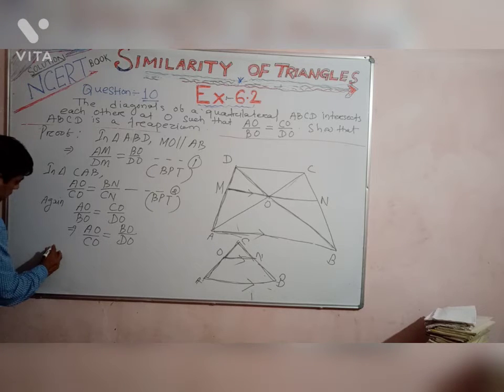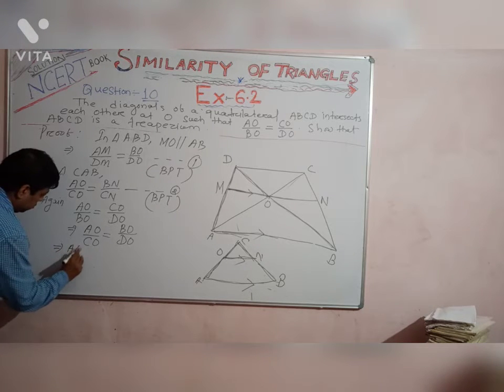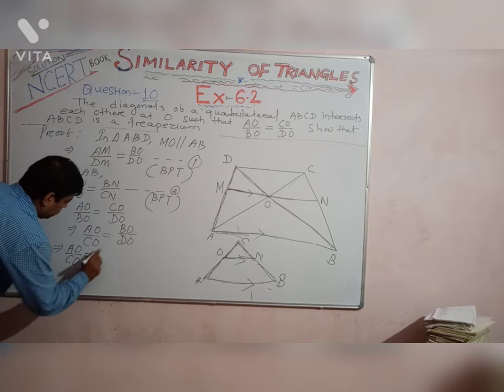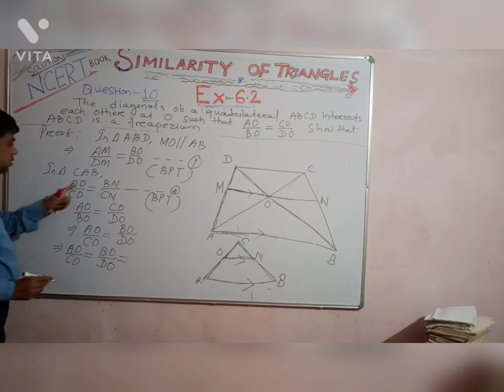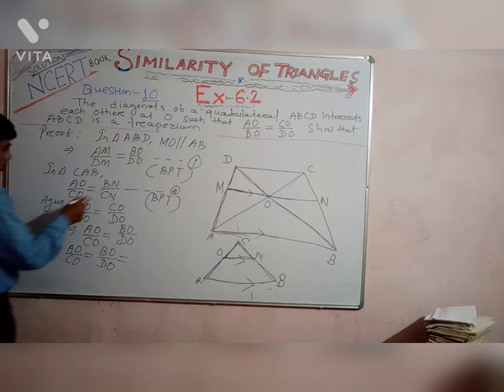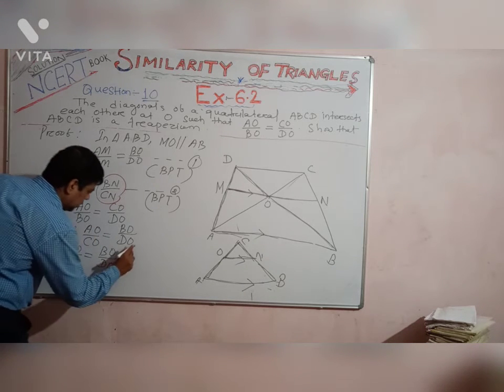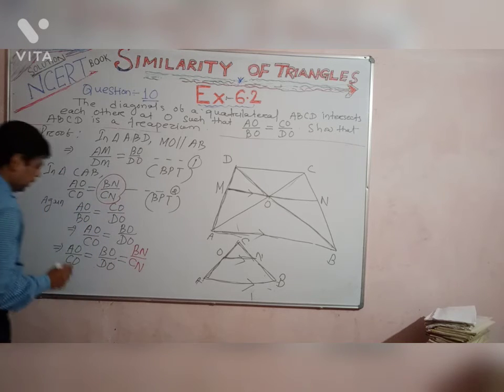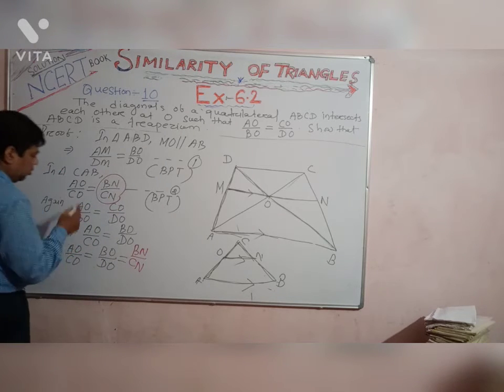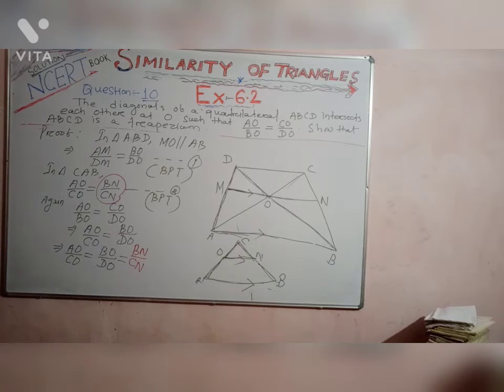Now see, AO upon CO is equal to BO upon DO. And again AO upon CO is equal to BN upon CN.